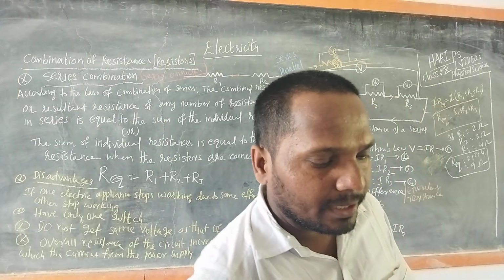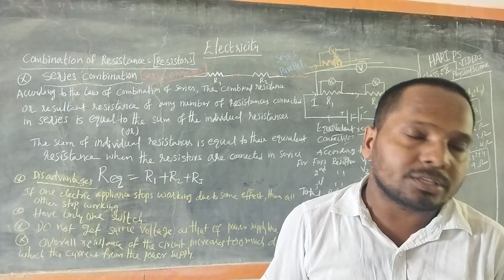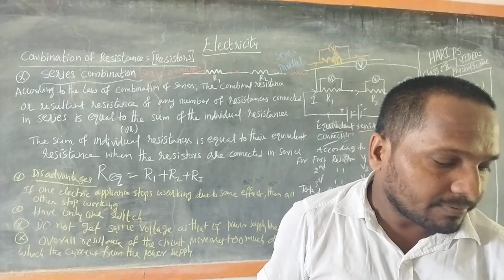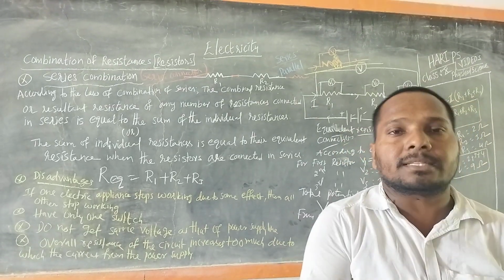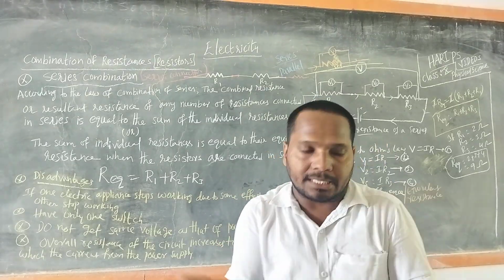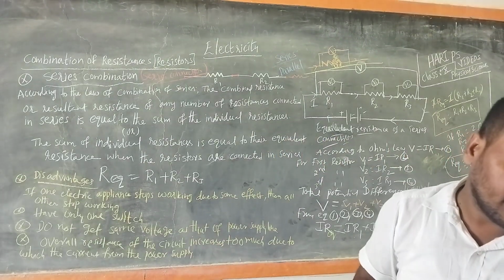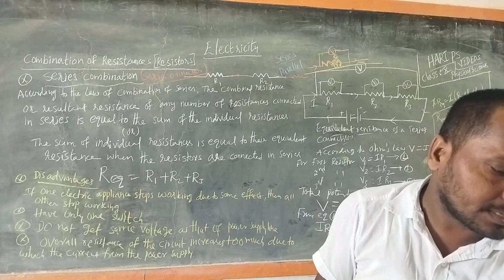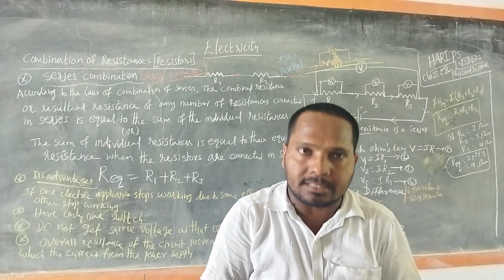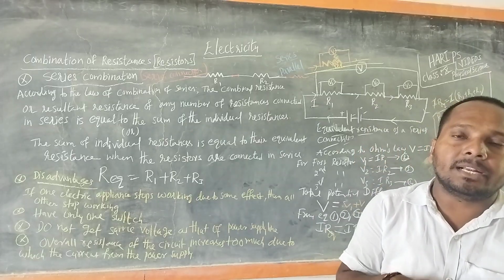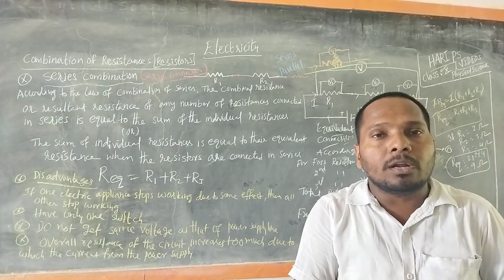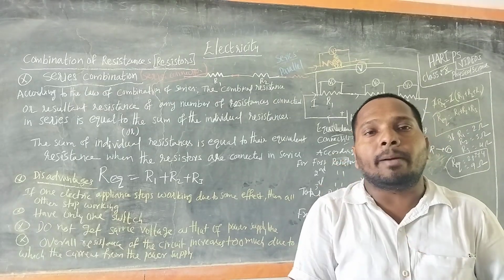So when a number of resistors are connected in series to the terminals of the battery, each resistance has a different potential difference across its ends. But the total potential difference across the ends is equal to the voltage of the battery.